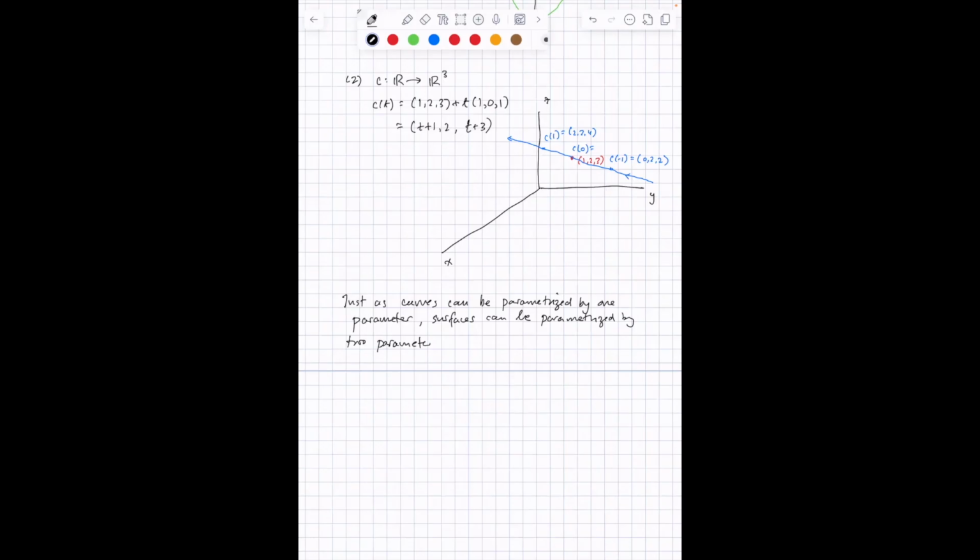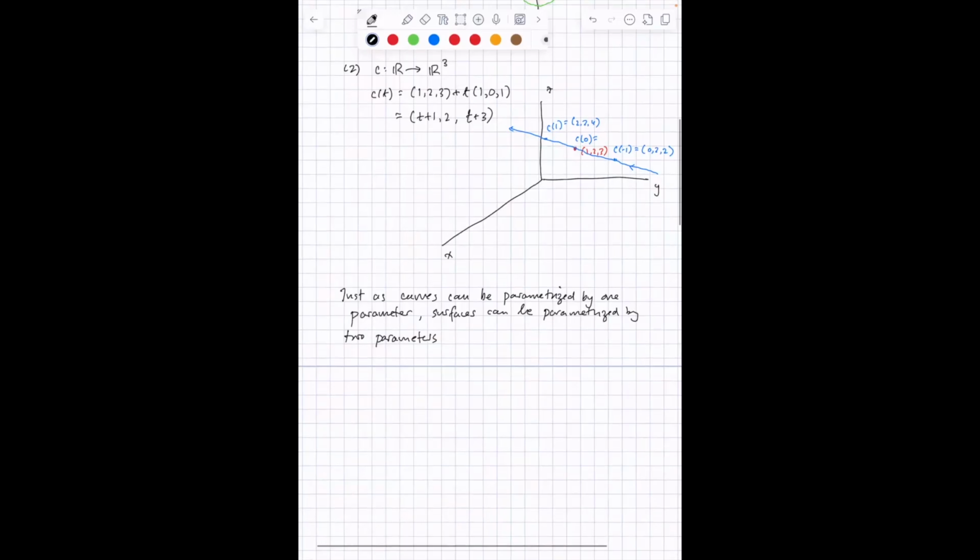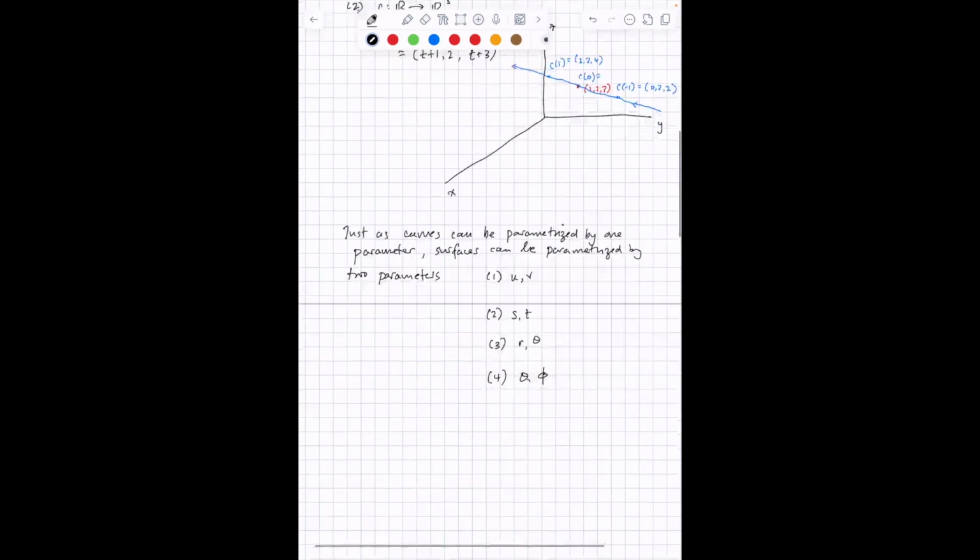And the parameters have different manifestations depending on the problem. You can have parameters in U and V. You might see them in S and T. When you have circular objects, R and theta. When you have spherical objects, you might have theta and phi. It really all depends on the situation.